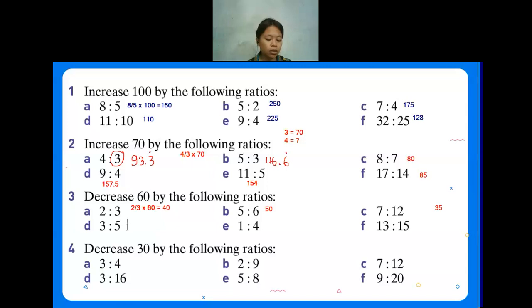Okay. If the ratio is 1 to 4? 15. If the ratio is 13 to 52? 52. Okay. Now let us continue to question 4.